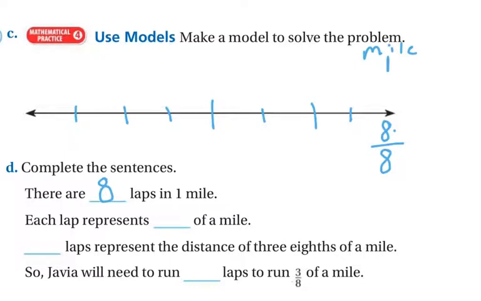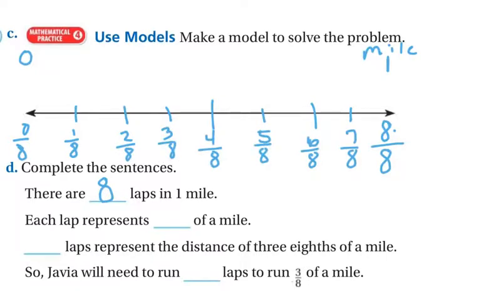So if at the beginning we've run no laps, that's our starting point. Once we've run the first lap, how much have we run? Yes, 1/8. Then 2/8. Then 3, 4, 5, 6, 7 eighths of a mile. All done. All right, so each lap represents 1/8 of a mile.